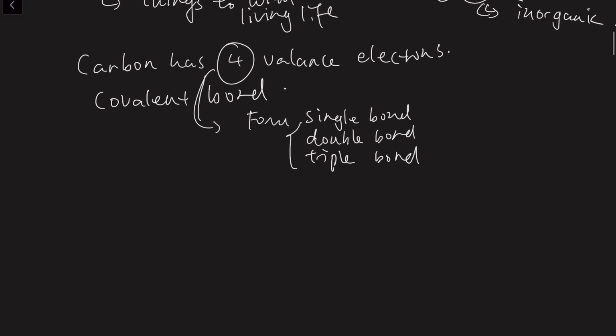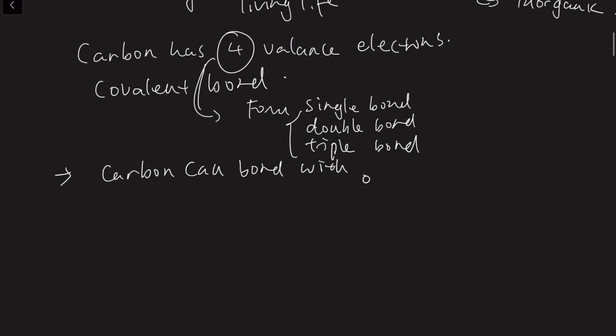And another very important property is that carbon can bond with other carbons. So this really enables even more flexibility. It can form chains and even rings.